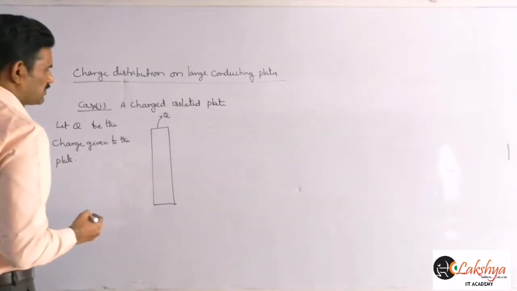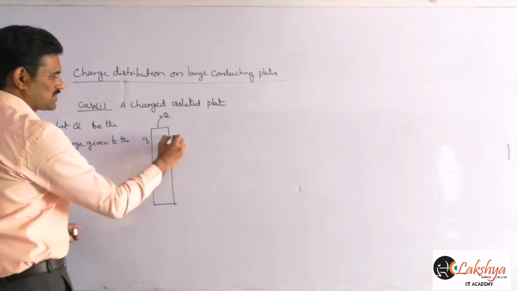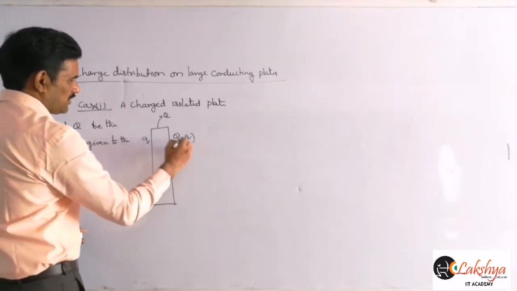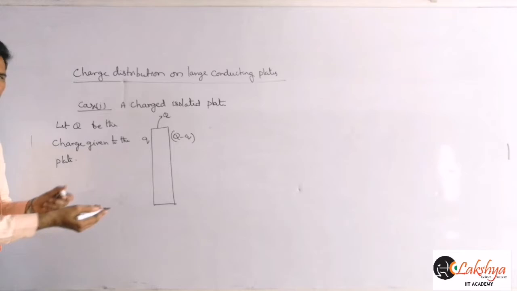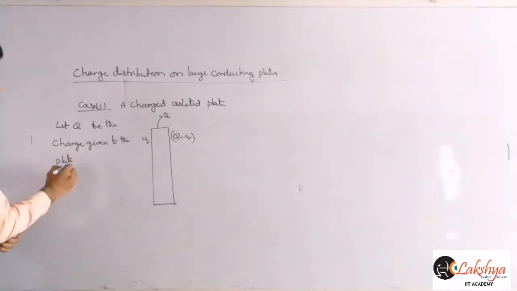Now suppose on this side I am assuming that some charge q is present, and on this side I am assuming it as Q minus q. The remaining charge will be there because it is an isolated plate, so the total charge on it must be the same.